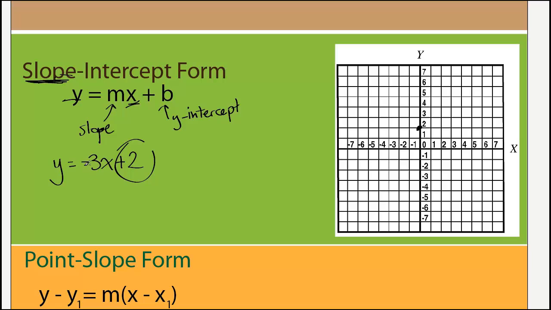Here we said that this was our slope, so m is negative 3. Since it's a whole number, we can put it over 1. Then we have rise over run. This says we go down 3 from our y-intercept, 1, 2, 3, and then we move in the positive direction, 1.